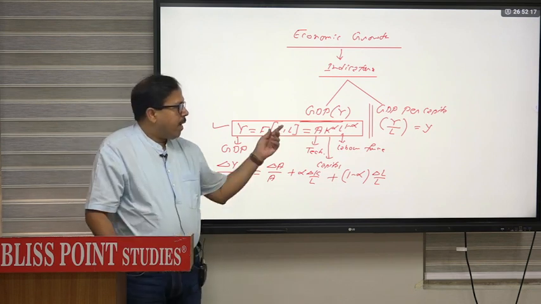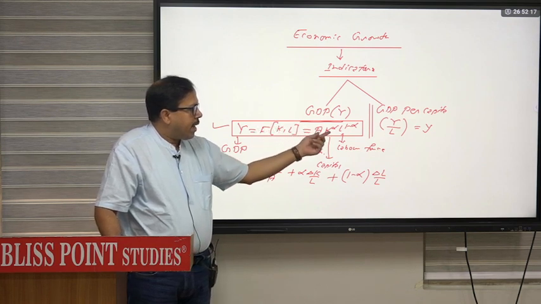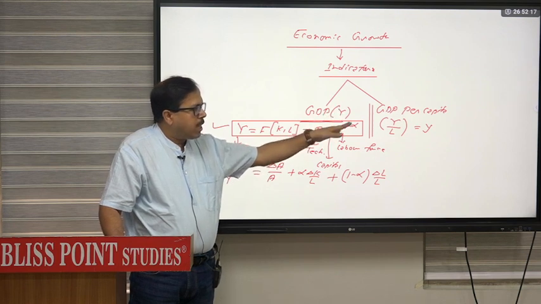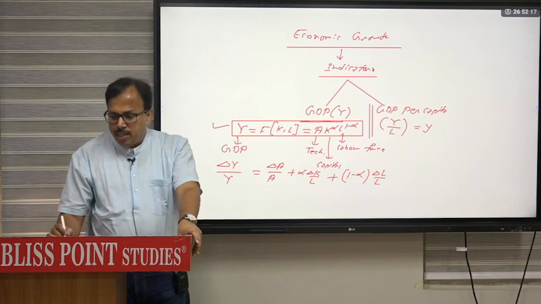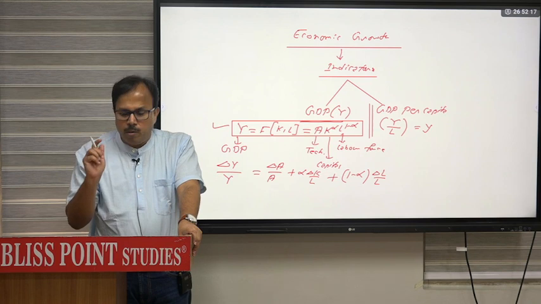Now if we take GDP as Y is equal to A K to the power alpha L to the power 1 minus alpha, then what will be the equation for GDP per capita? GDP per capita is GDP upon labor force.